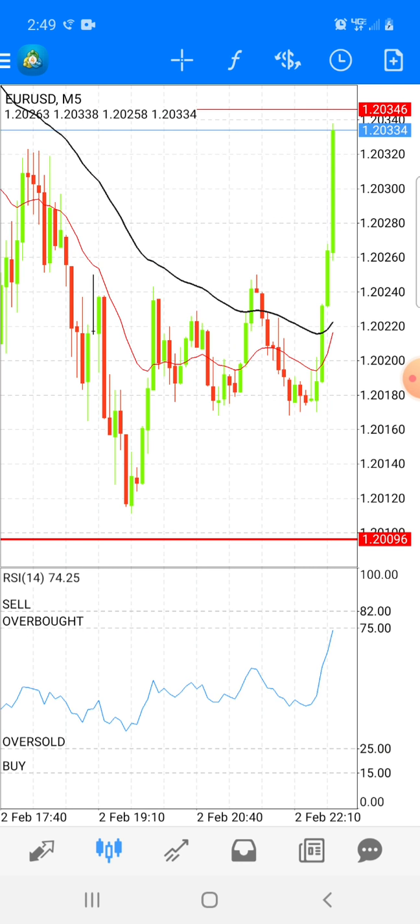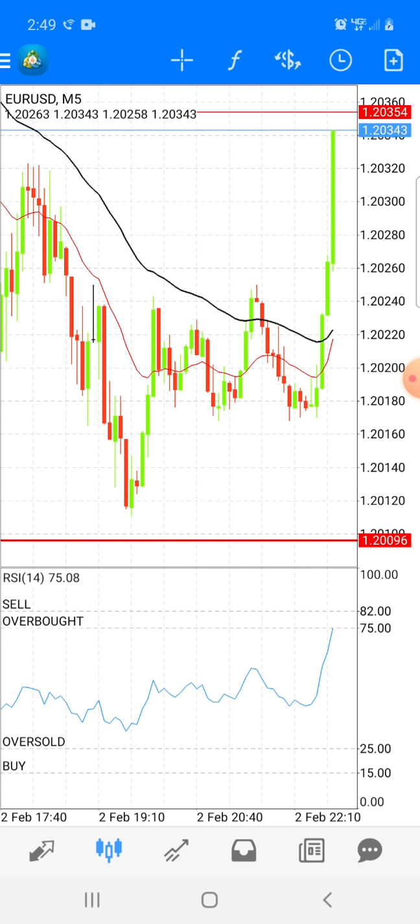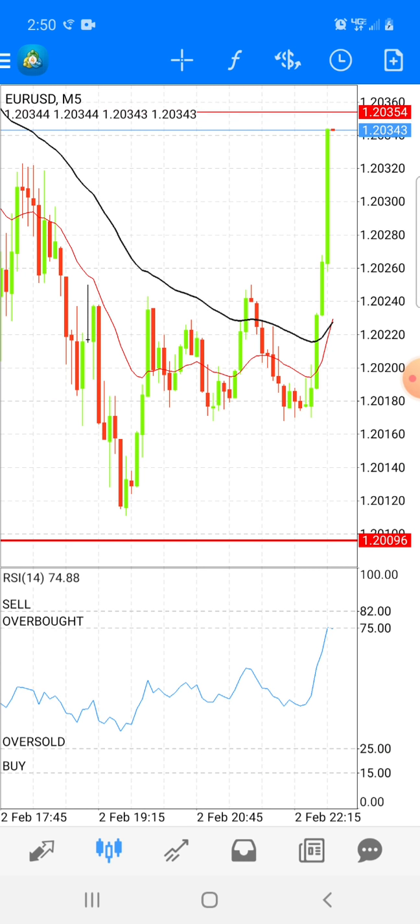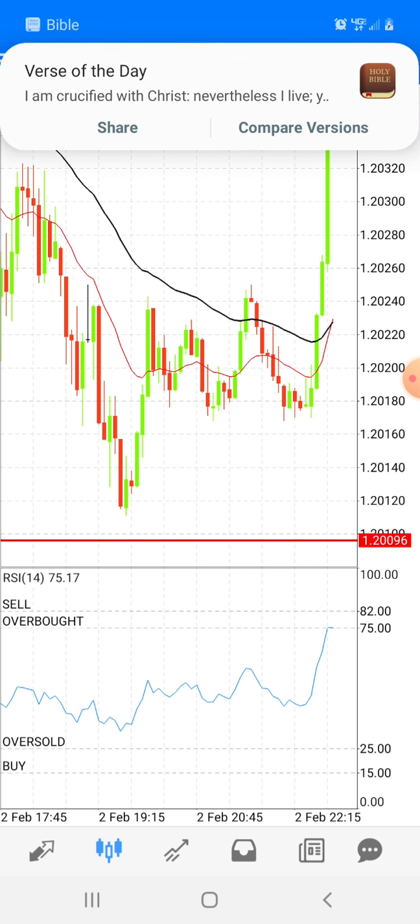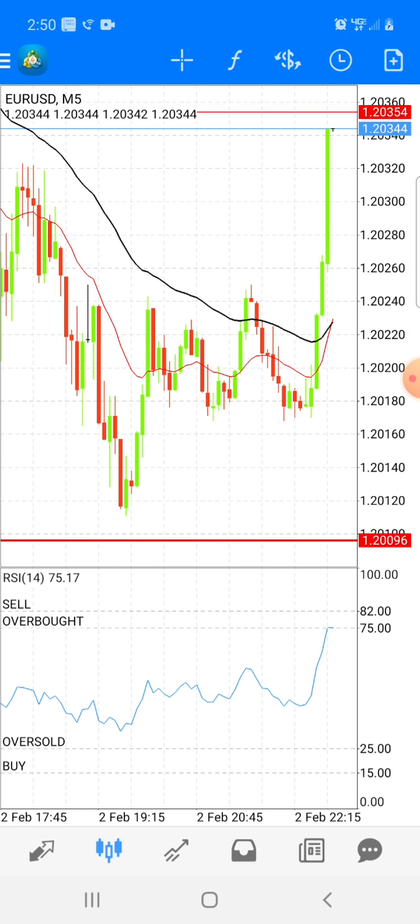I personally always go to the M5. I use the M5 as one of my confirmation time frames, because what normally happens, guys, follow me close, is if you're using a moving averages strategy or an RSI strategy, first you're going to see RSI low on M5 or high on M5, like as we speak right now.